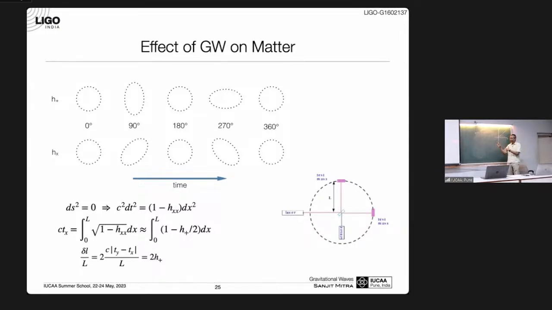Okay? See, in special relativity, let's say we are taking one dimension, but one or multiple dimensions doesn't matter. In special relativity, this condition holds in every coordinate system, right? This is for light. This is the basis of special relativity. This means that in any other frame this will remain the same.